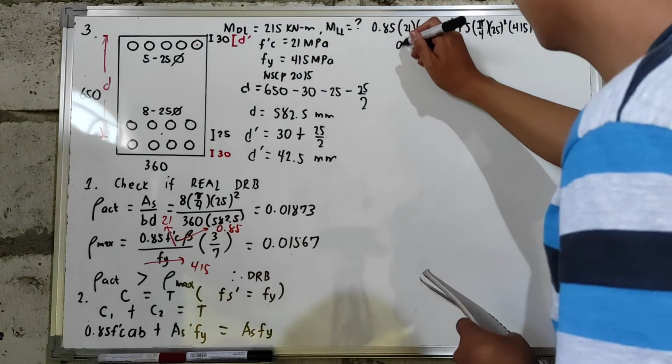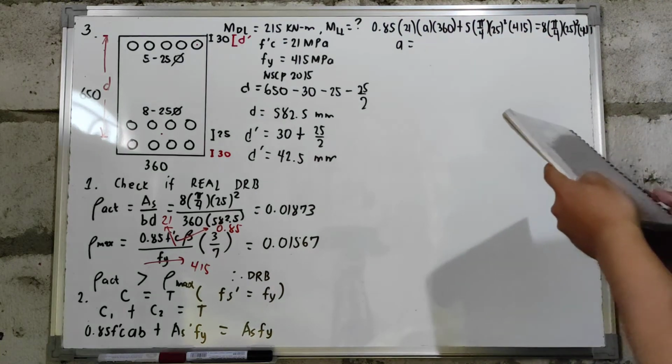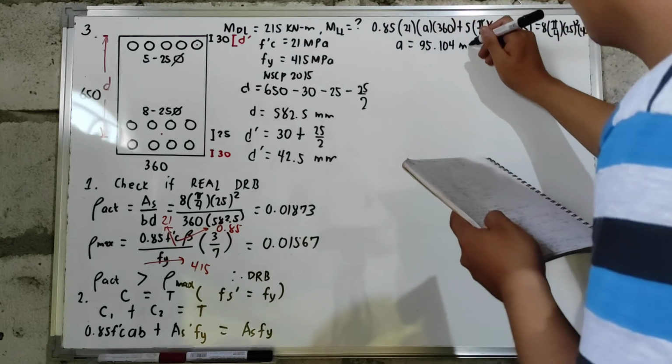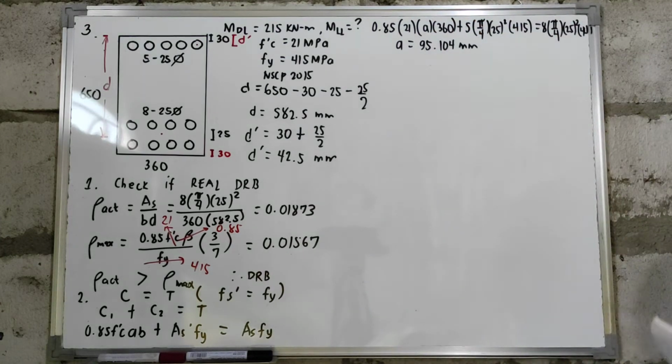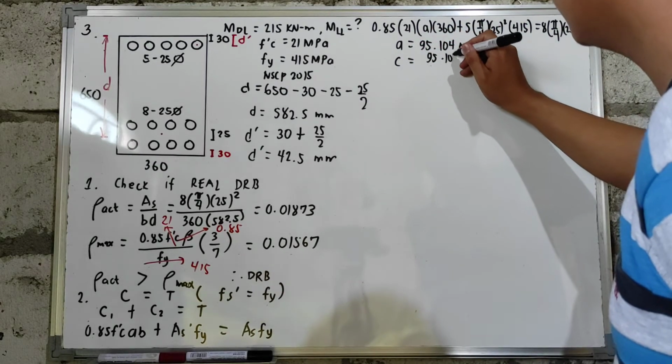So we can now calculate for the value of your A, which is equal to 95.104 mm. Then, makukuha natin yung value ng C natin.